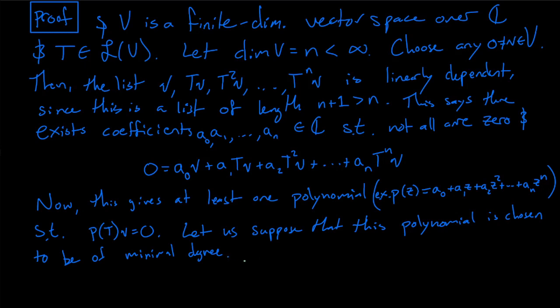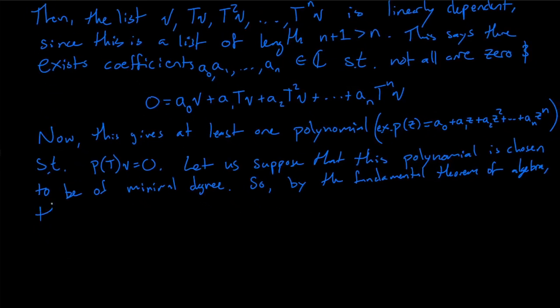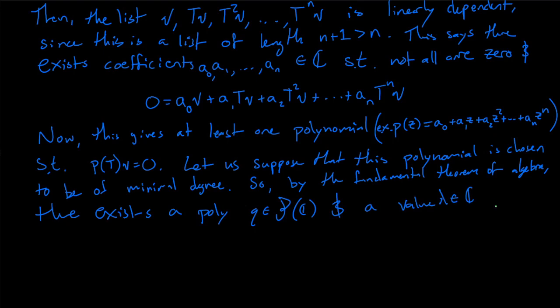All right. So by the fundamental theorem of algebra, there exists a polynomial q over C and a value lambda in C such that, so here's the idea of it.